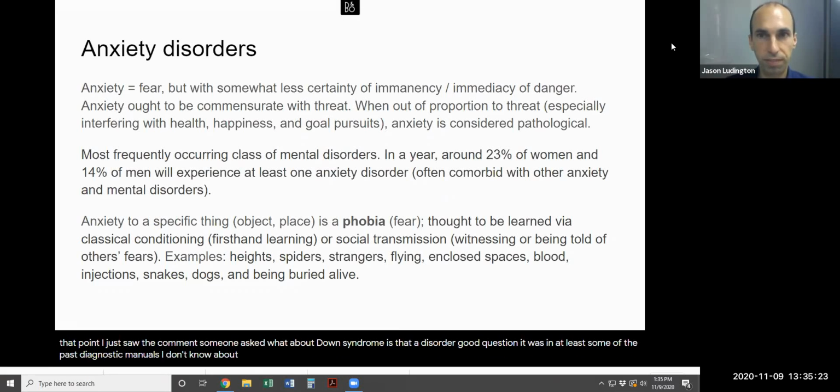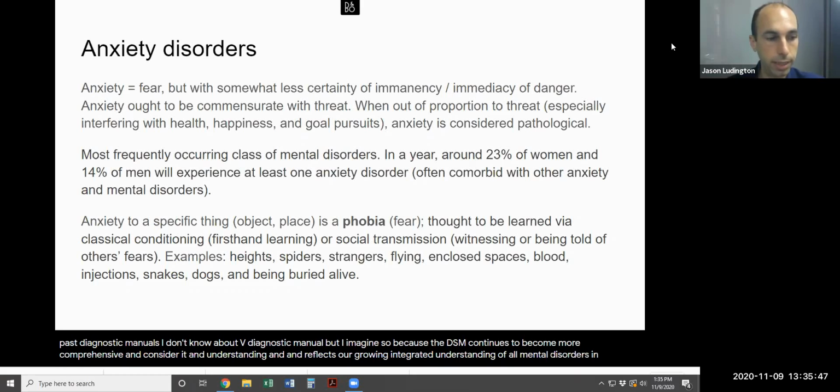I don't know about the fifth diagnostic manual, but I imagine so, because the DSM continues to become more comprehensive and considerate and understanding, and reflects our growing integrated understanding of all mental disorders and illnesses. And I would say that Down syndrome is certainly one kind of disorder. So yeah, that should be in there.